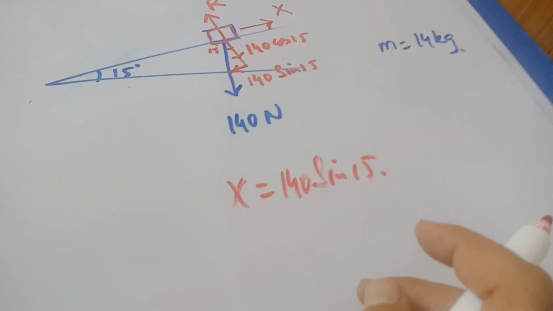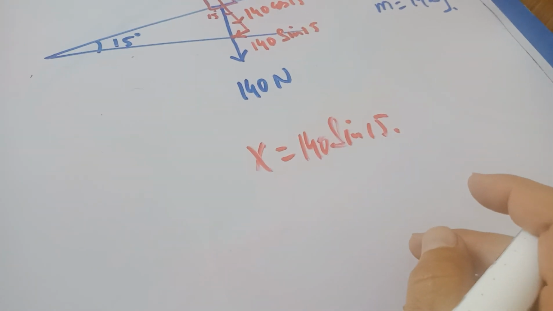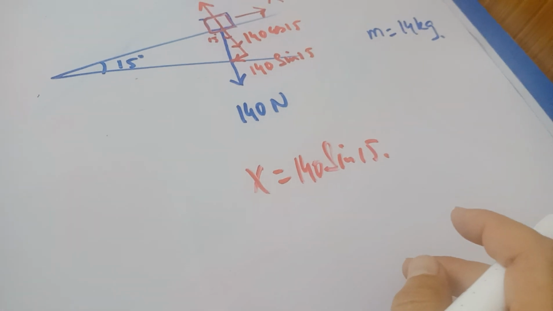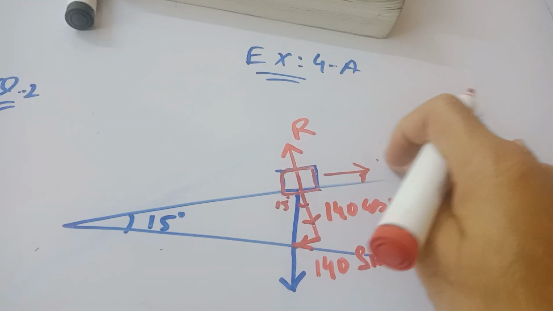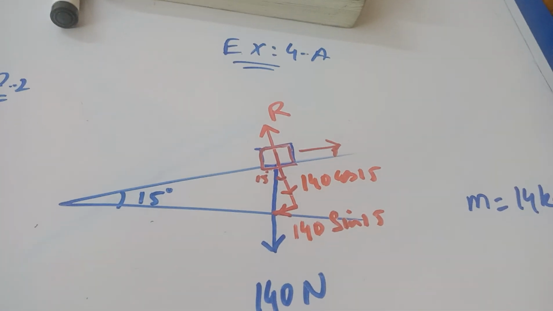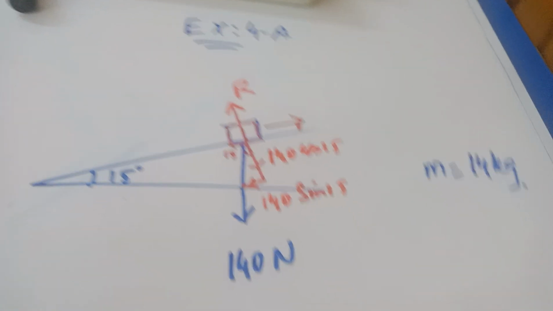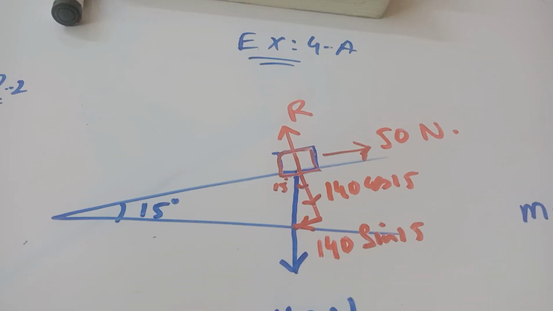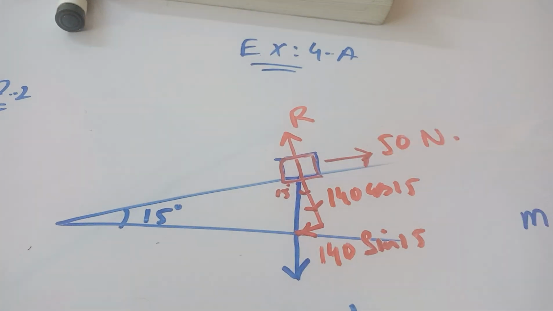Okay, now moving ahead, in the second part, B part, it says when it is pulled up the slope by a force of 50 Newton parallel to the line of greatest slope. Now he has changed the situation in the second part. Now he says that there is a force of 50 newtons parallel to the slope pushing this upwards.